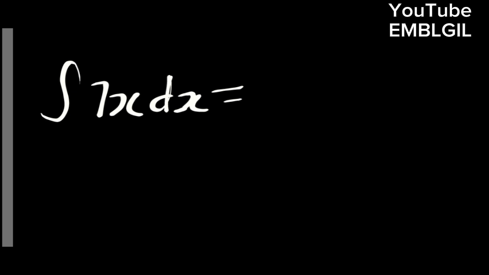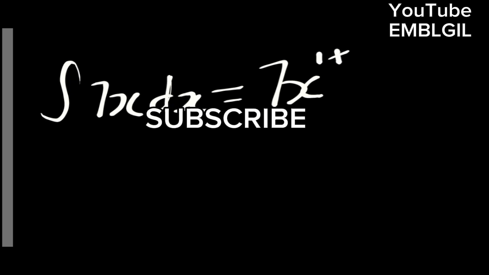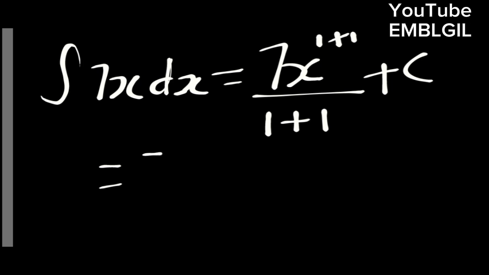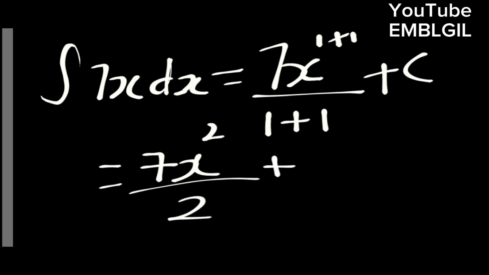We write our 7x. Remember that our x has an invisible 1, so we write the 1 plus 1. The plus 1 is from the formula. Then our denominator 1 plus 1, plus c, our constant. We have 7x, 1 plus 1 gives us 2, over 2 plus our c.